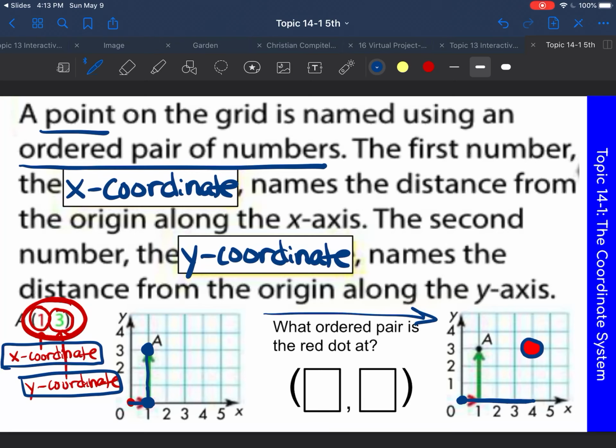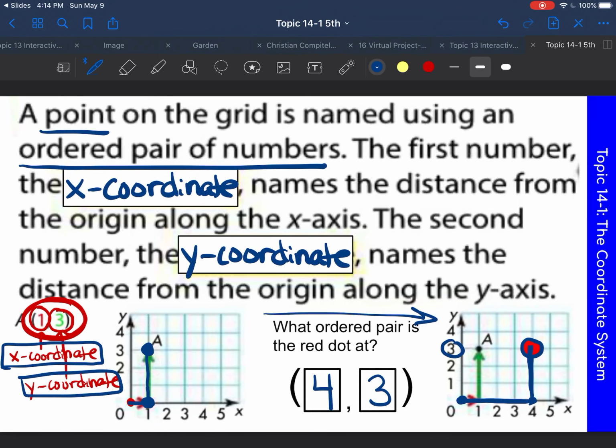What number is the dot right underneath on the x-axis? It's right under the 4, so our x coordinate is 4. Then how many do we go up on the y-axis? We go up to the 3. So you go over 4, up 3. Our ordered pair is 4, comma, 3.